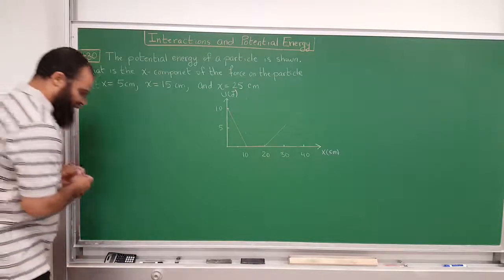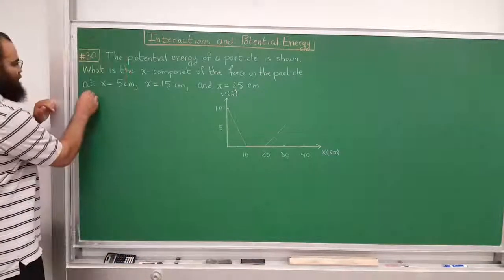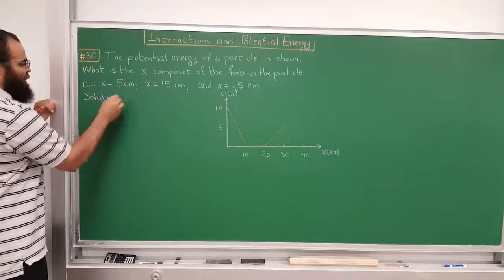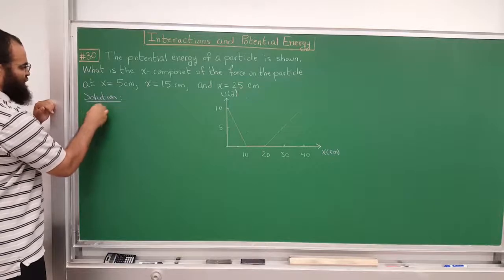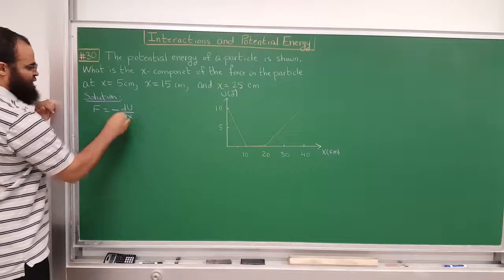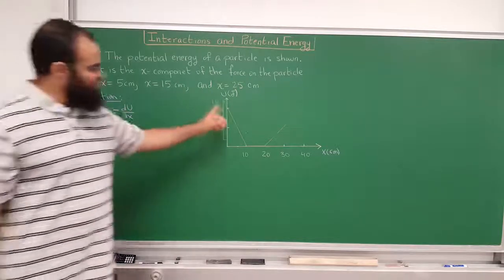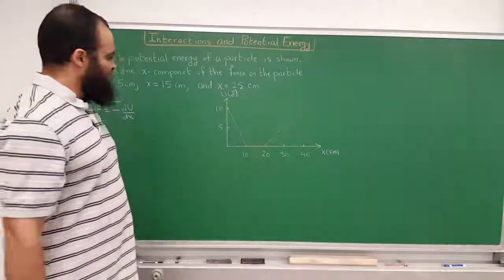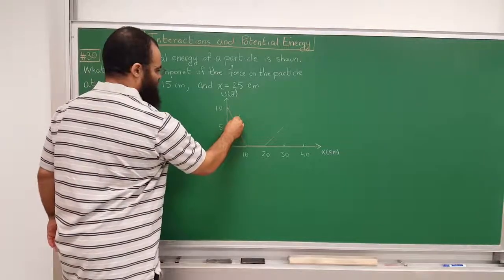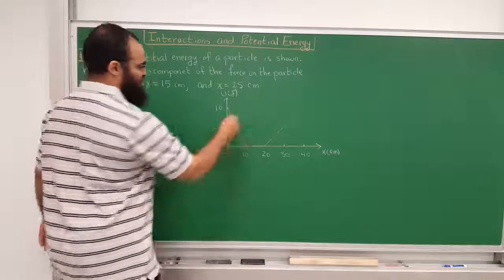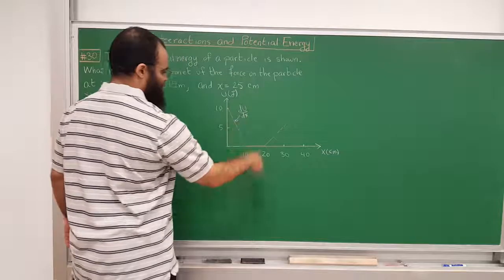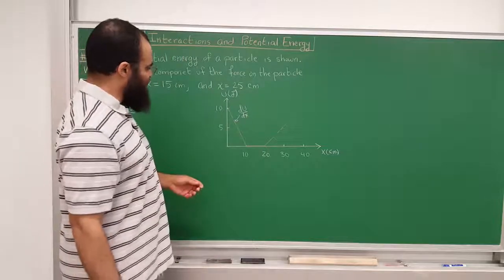Okay, well, let's write down the solution. I know that the force is minus du dx. In this case, we have just straight lines. So at this point here, the slope du dx is the rise over the run.